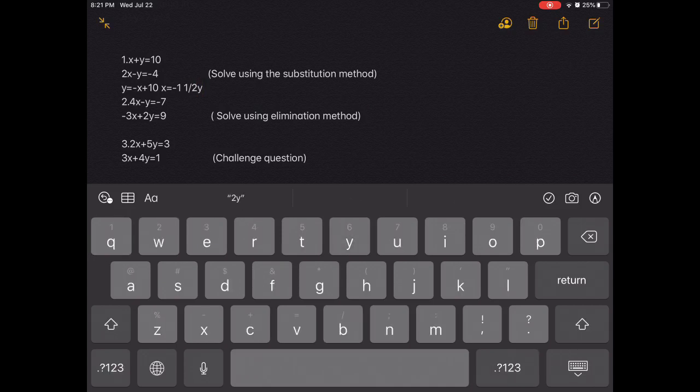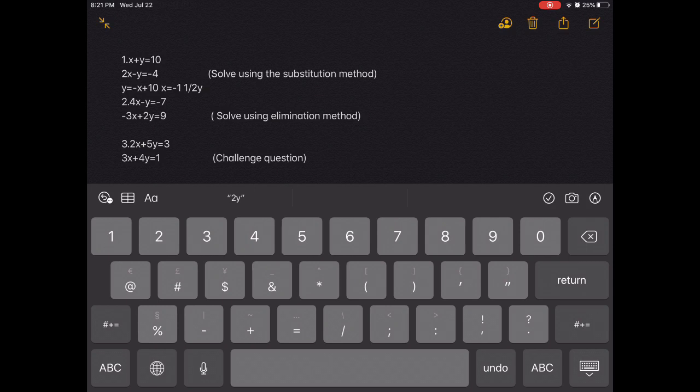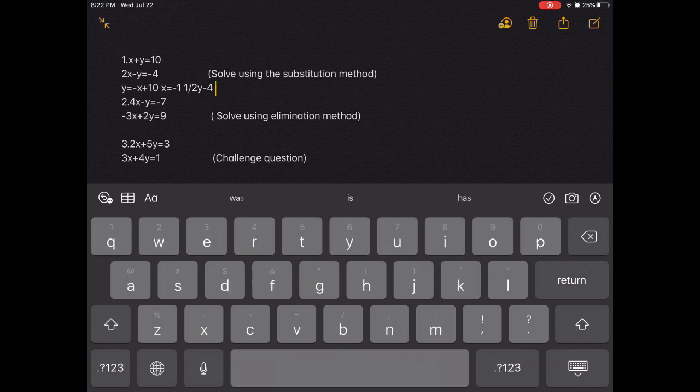I type slow, okay, sorry. All right. So next, what you do is the substitution part.